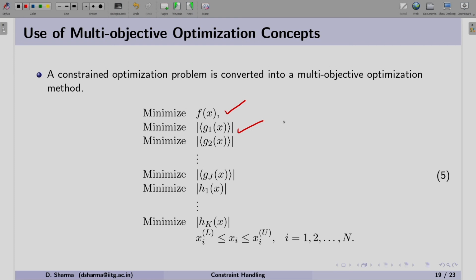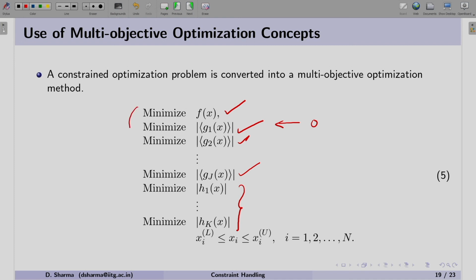We know that the minimum value for this particular function will be 0. As and when it becomes 0, the constraint is satisfied. Similarly, we can consider G2, similarly all inequality constraints, and for equality constraints also we are considering this. So, we are considering all these constraints as separate objective functions.